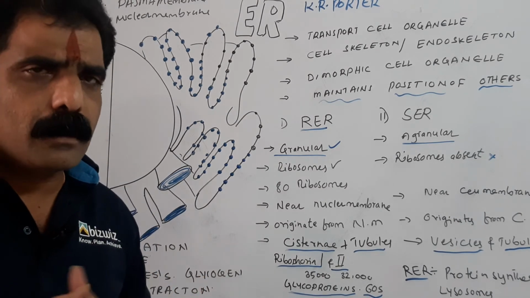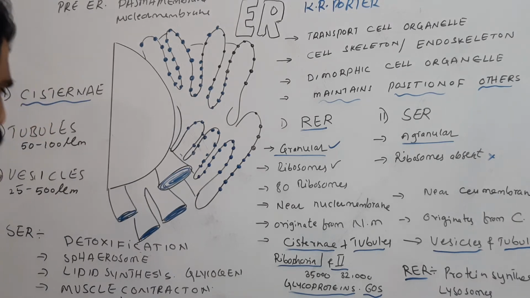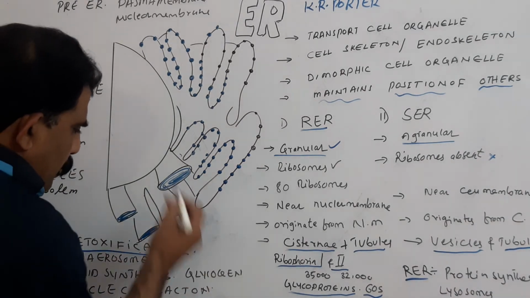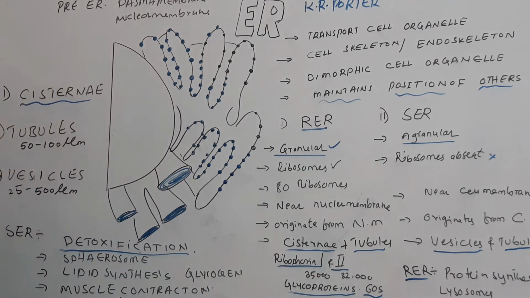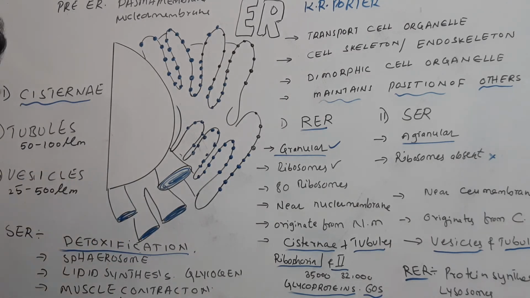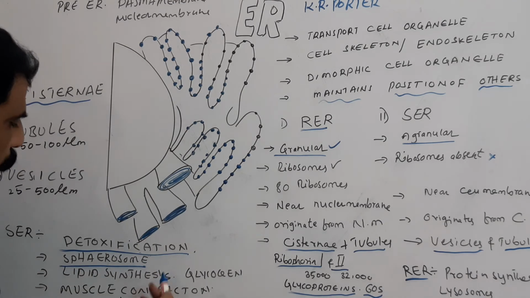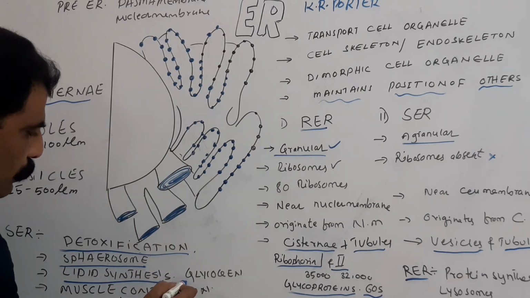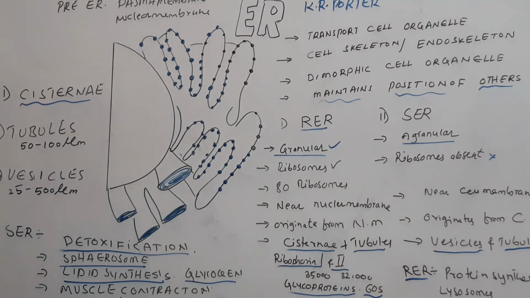Steroidal hormones are synthesized here. Detoxification is also a very significant role of the smooth endoplasmic reticulum, that is, detoxification of drugs takes place in association with it. It is also involved in the formation of spherosomes and lipid synthesis, and also in the formation of glycogen.